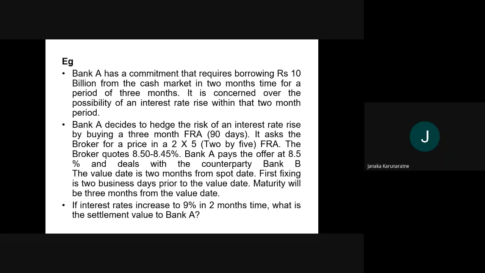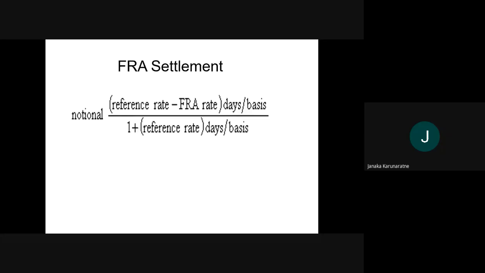Let's say the interest rate rises to 9% in 2 months' time. What is the settlement value to bank A? The interest rate has gone up beyond the FRA rate, so the FRA settlement is calculated using this formula. When we talk about FRA, we only settle the difference based on a notional principal. The notional principal is the amount I am going to borrow.